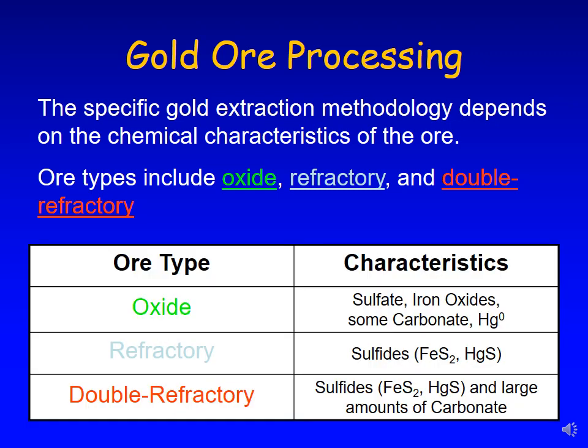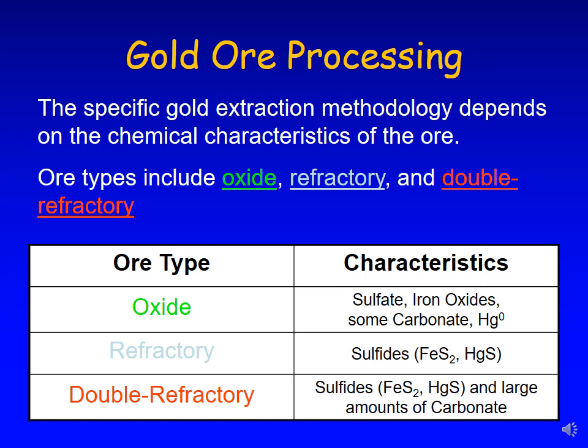There are three basic types of ore in Nevada: oxide, refractory, and double refractory, and each requires a different type of processing to liberate the gold from the matrix. The oxide ore type has lots of sulfates, iron oxides, some carbonate, and a lot of free mercury in it. Hg0 is elemental mercury.